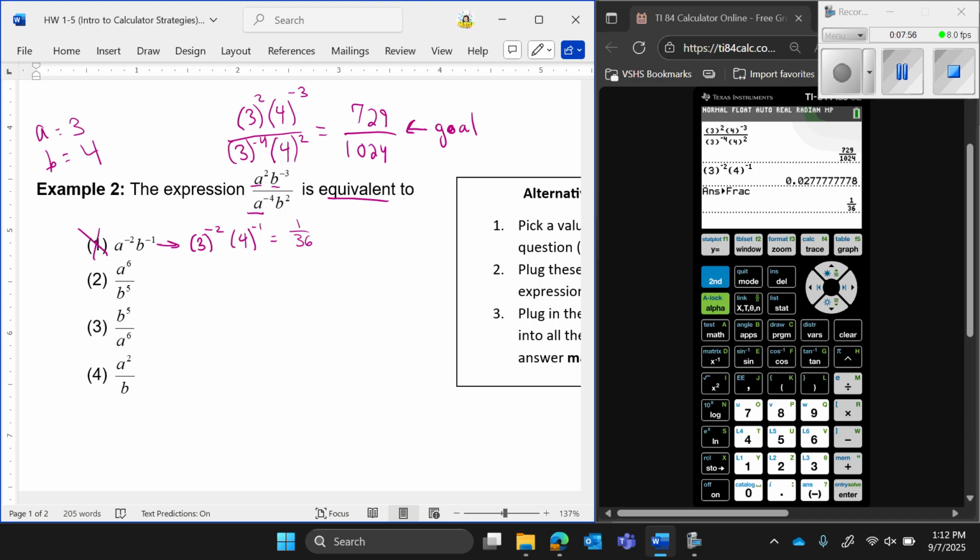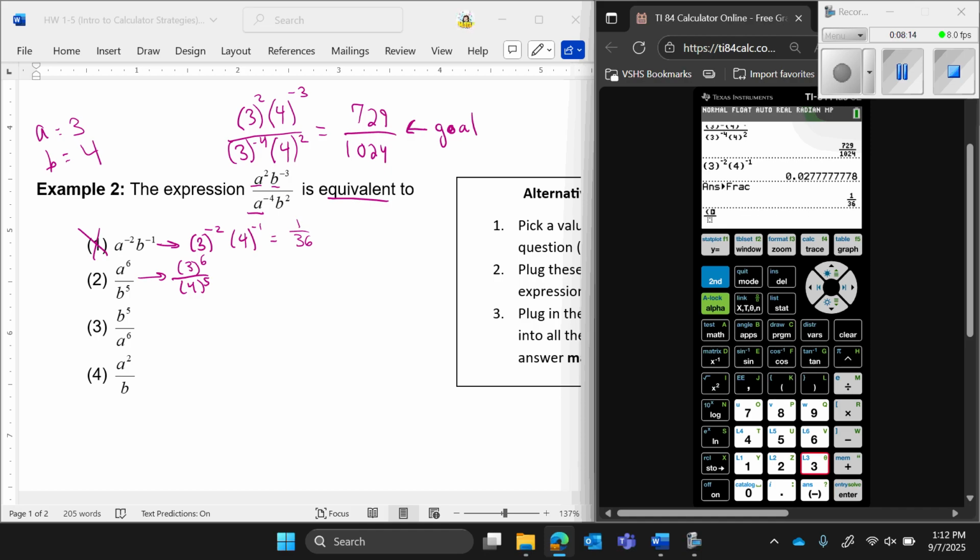And the next one is a to the 6th over b to the 5th. So we are going to rewrite that as a is 3 to the 6th, b is 4 to the 5th. Alpha y equals parentheses 3 to the 6th over parentheses 4 to the 5th.